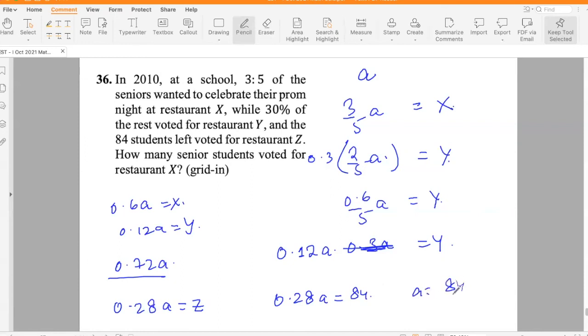So A is 84 divided by 0.28. So that's 300. So the total number of senior students is 300. So how many voted for X? That is 0.6 times 300. So that's 180, right?